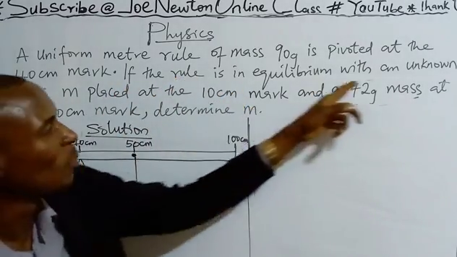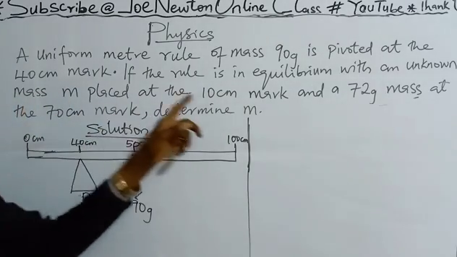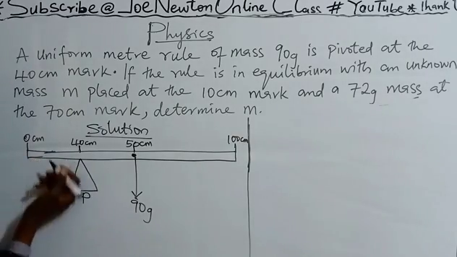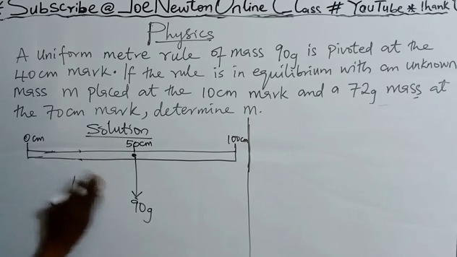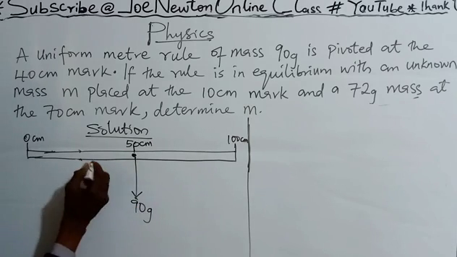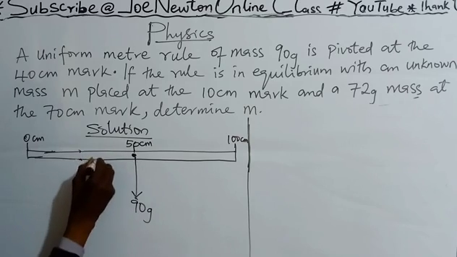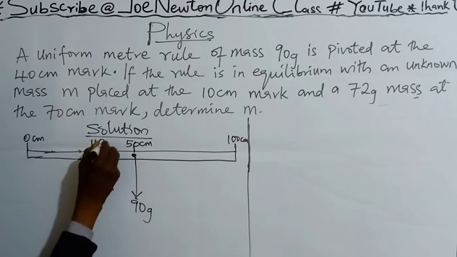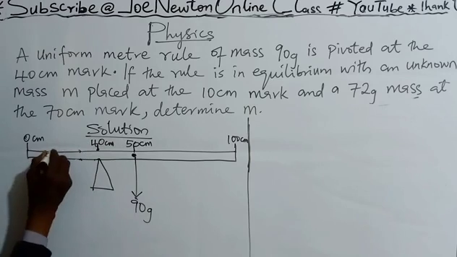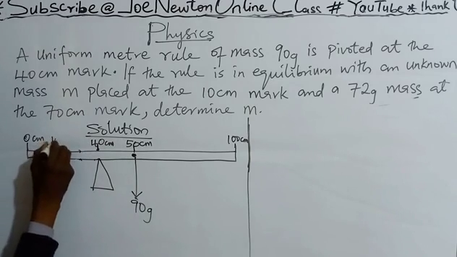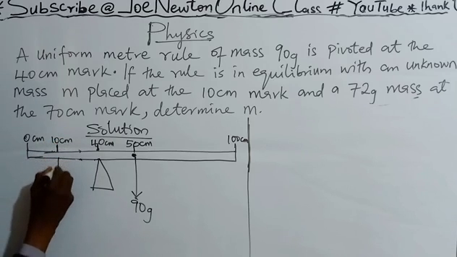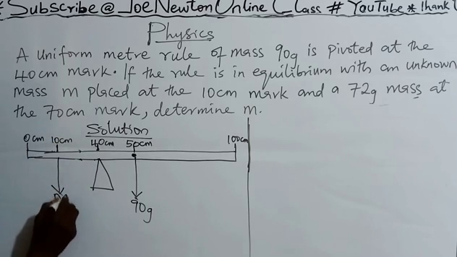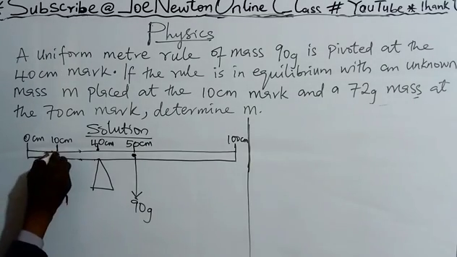If the rule is in equilibrium with an unknown mass M placed at the 10 cm mark, there's an unknown mass placed at the 10 cm mark somewhere here. You know, this is a sketch. Then here, 10 cm. The unknown mass was suspended here. Let it be M, as given in the question.